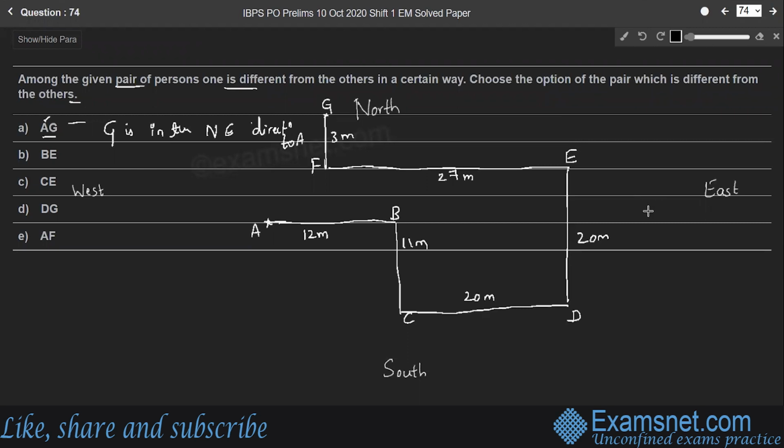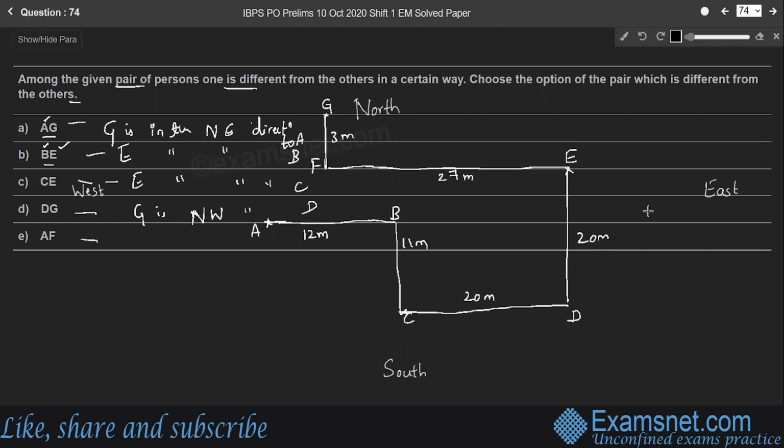In the second option BE, the second person E is also in the northeast direction of person B, the first person. Therefore, E is in the northeast direction of B. In the third option CE, the second person E is in the northeast direction of the first person C. In the next option DG, G is in the northwest direction of the first person.